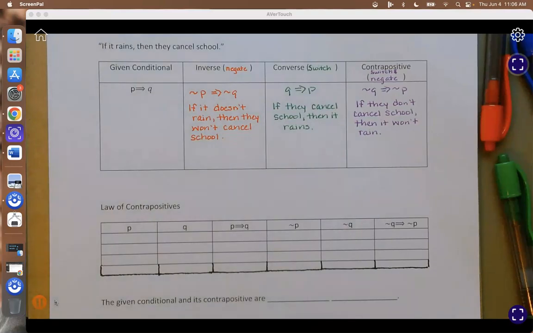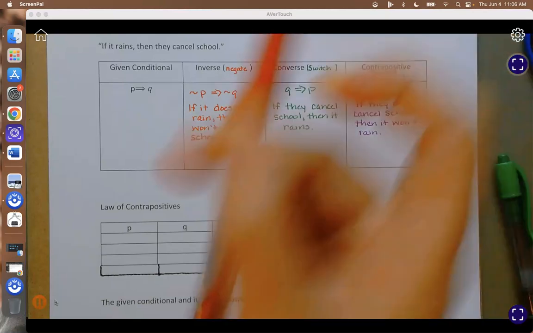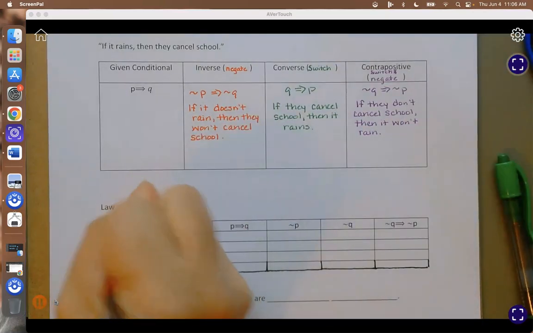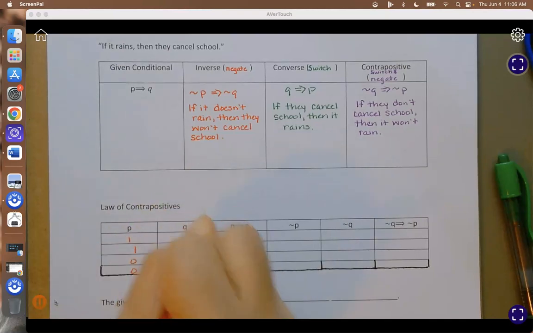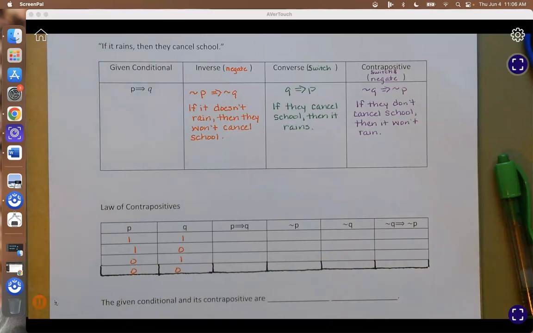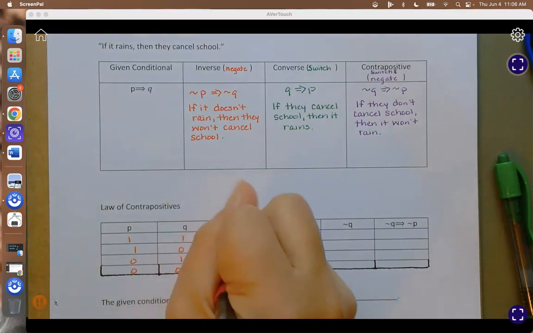All right, so here we go. So remember our P and Q. 1, 1, 1, 0, 0, 1, 0, 0. You should be really good at that now. Okay, remember for the basic conditional, the only one that's 0 is when the first one is 1 and the second one is 0. So we have that right there.